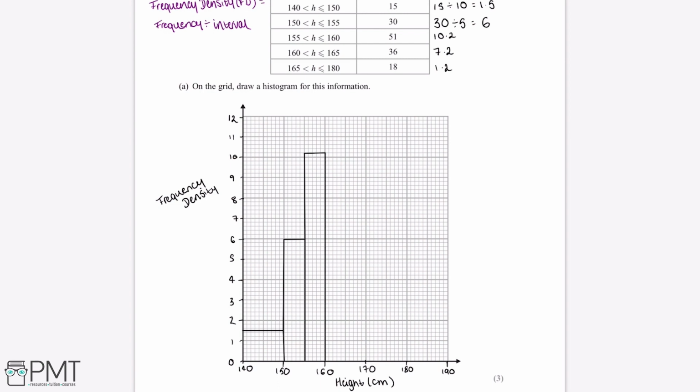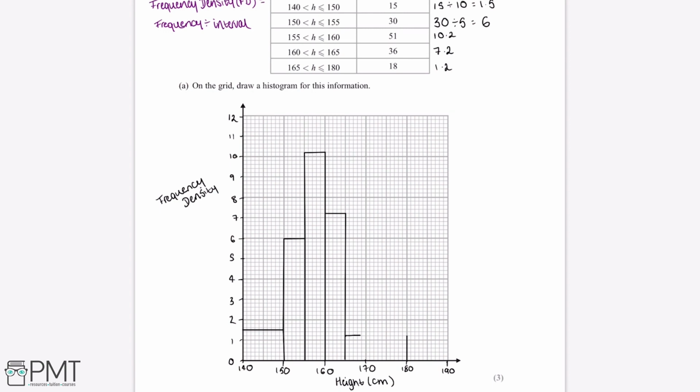Heights between 160 and 165 centimetres, and a frequency density of 7.2. And then finally, heights between 165 and 180 centimetres with a frequency density of 1.2 should look like this. And this is our completed histogram. Now this question's worth 3 marks.